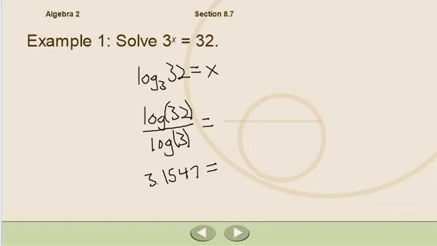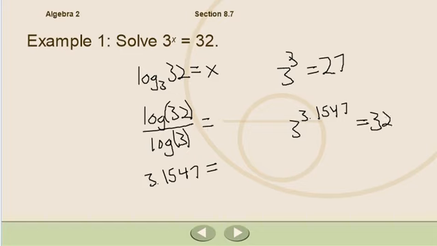We know 3 cubed equals 27. So this is saying that 3 to about 3.1547 is going to equal 32. And so x is equal to 3.1547.